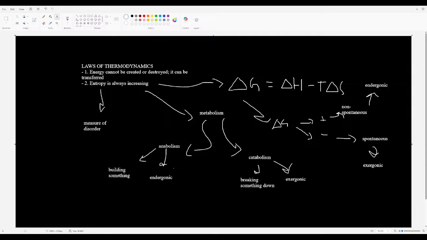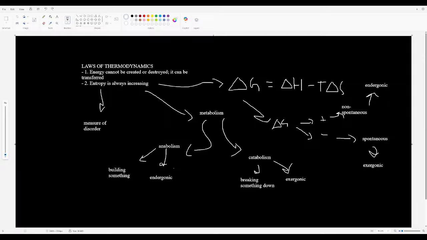In any case, with metabolism in mind, I'm going to show you a little ladder. So I have a perfect image here.